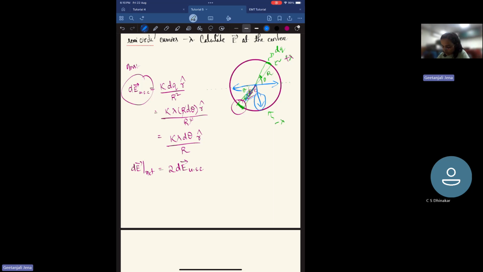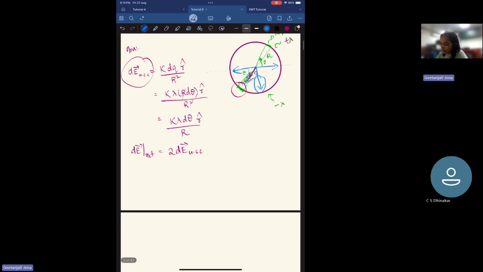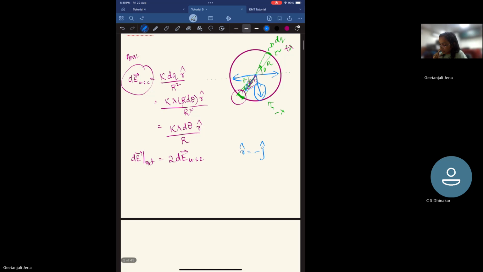So now the r-hat will simply be minus j-hat, and we have the electric field, which is 2 dE sin theta, minus j-hat.